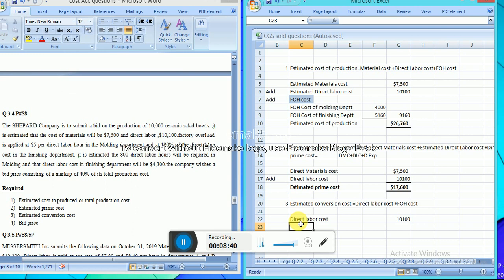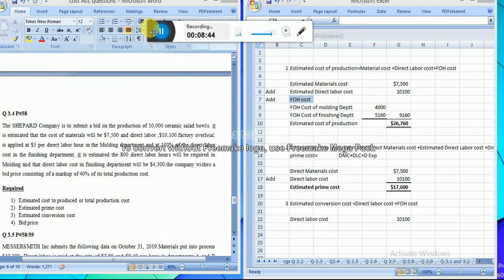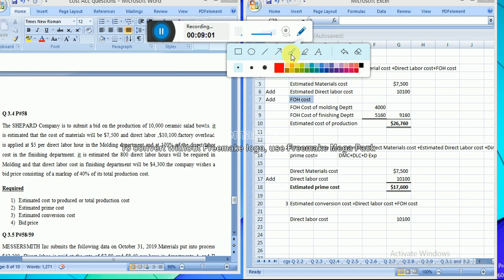So I am taking the total direct labor cost of $10,100. Most students make this mistake in the question: sometimes they take this $4,300 as the direct labor cost.